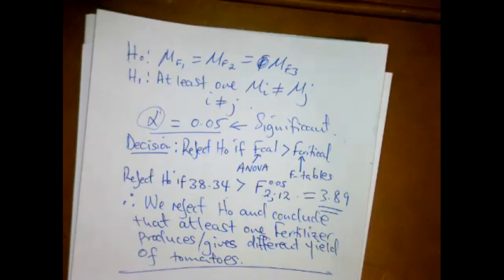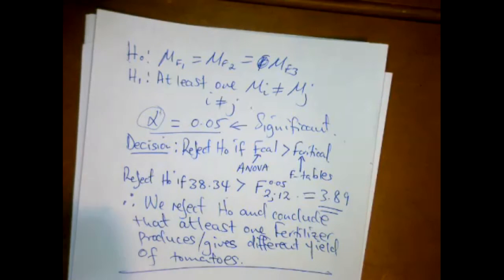So for you to recommend the best fertilizer, we need to do what we call pairwise comparison or post hoc analysis. From an Anova table, you are just able to tell whether things are different or not. But from a pairwise comparison, you are able to say, this is the fertilizer that I can recommend to farmers. Thank you very much, ladies and gentlemen.